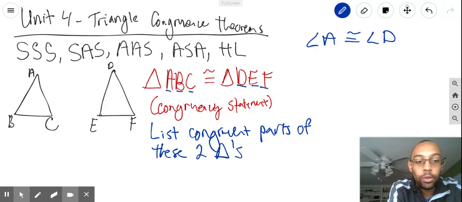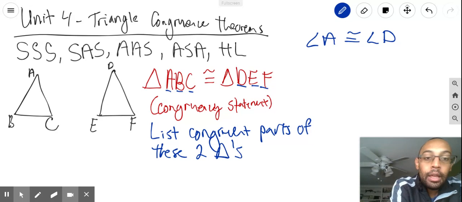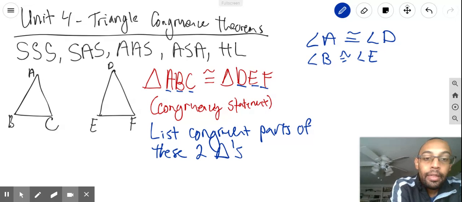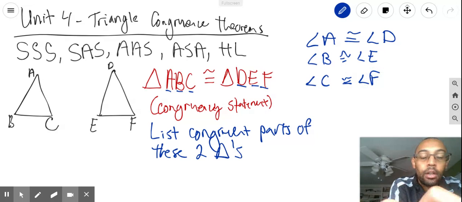Angle B is congruent to angle E because B is second and E is second. And angle C is congruent to angle F because C is third and F is third.